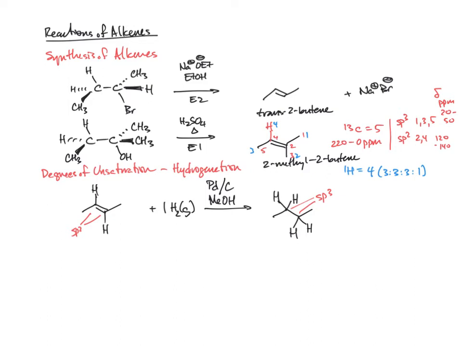And overall this is an addition of an electrophile to the pi bond. So the pi bond is your nucleophile that's supplying the electrons to bond to those hydrogen atoms in hydrogen gas.